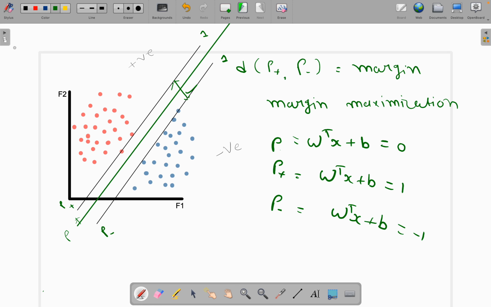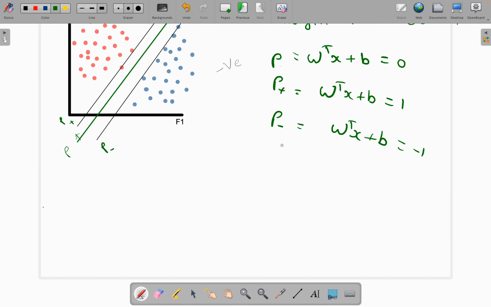And yes, our class yi belongs to minus 1 and 1. As in logistic regression, we had learned that yi could be minus 1 or plus 1. So for positive it's 1, and for negative it's minus 1. So these are the formulas. Now we need to find the distance between these two planes, P plus and P minus.